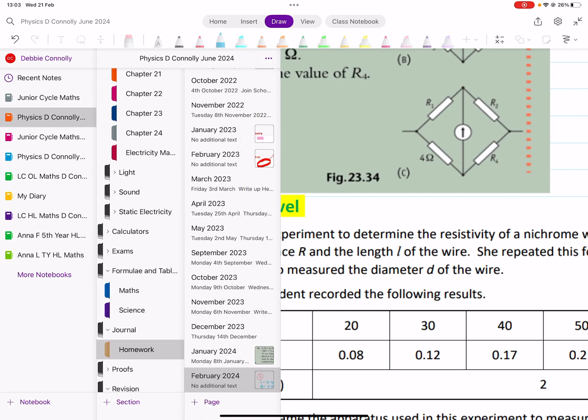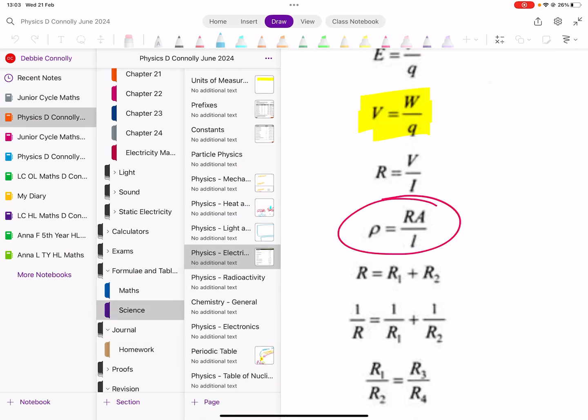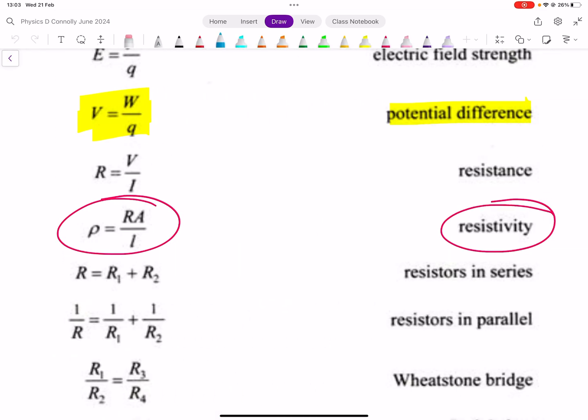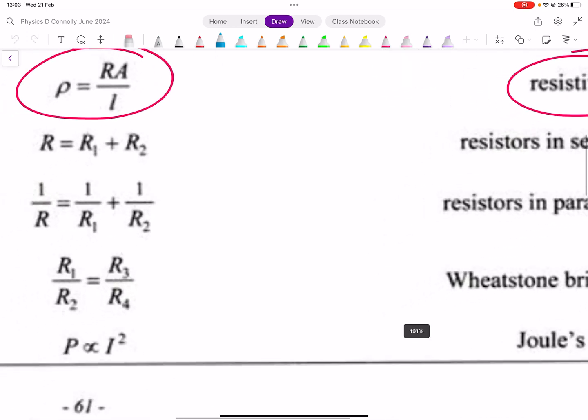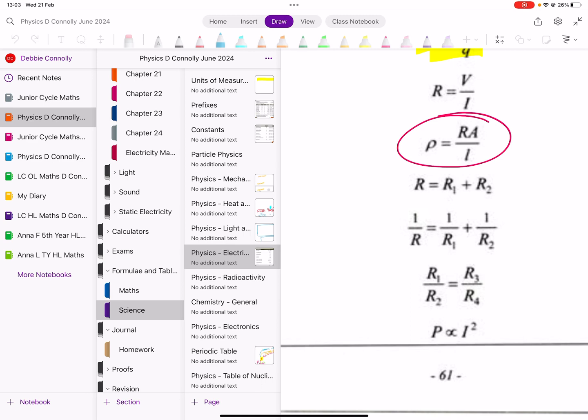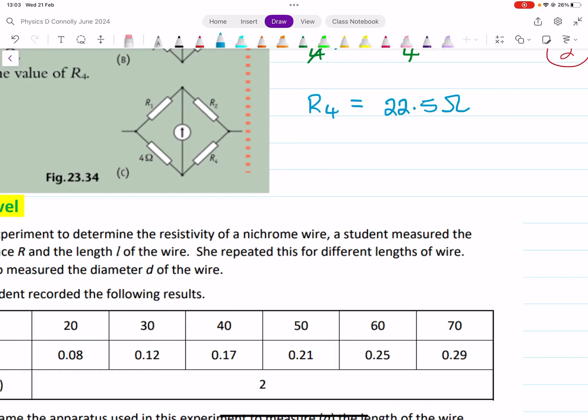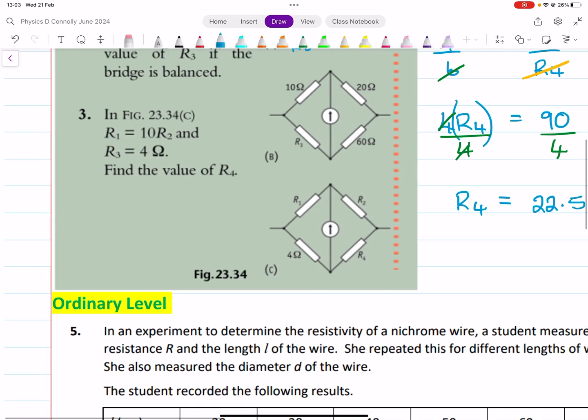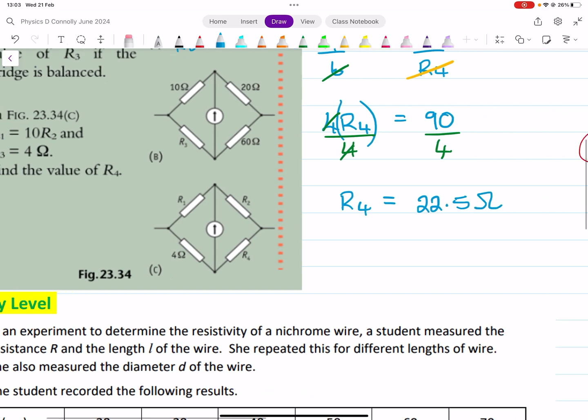Did we check if that was in the formula tables book? It is. There you go. Never checked. Okay, so it says R1 is 10 times R2.